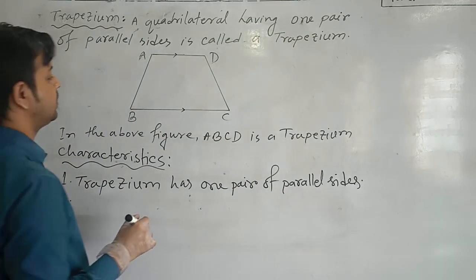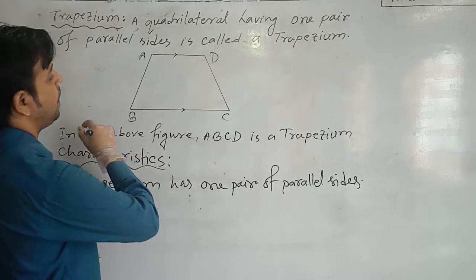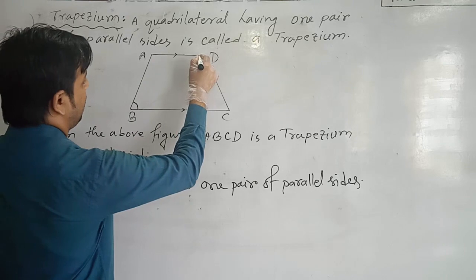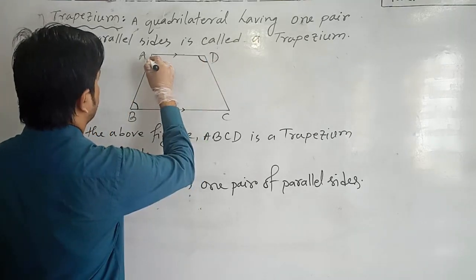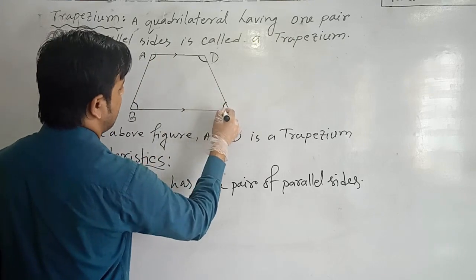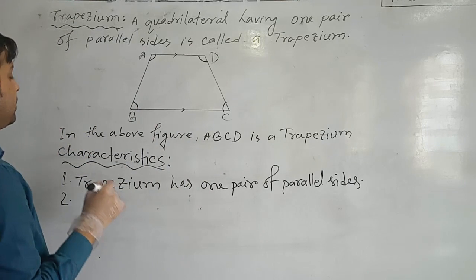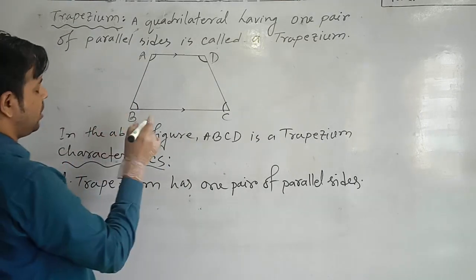Next characteristics, we can say opposite angles of a trapezium are not equal. It means that angle B is not equal to angle D, angle A is not equal to angle C. It means that opposite angles are not equal.